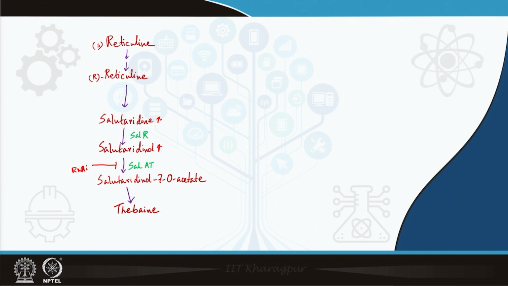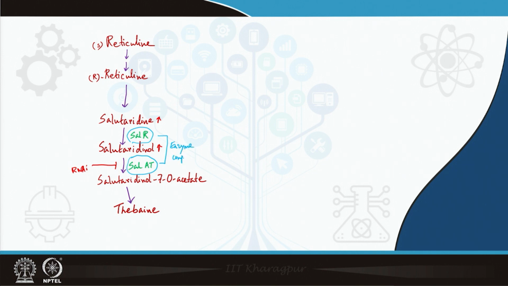There is no reason that this RNAi block will affect salutaridine. Subsequently another group also achieved the same results, and from there they have come to the suggestion that both these enzymes are working in a common enzyme complex.